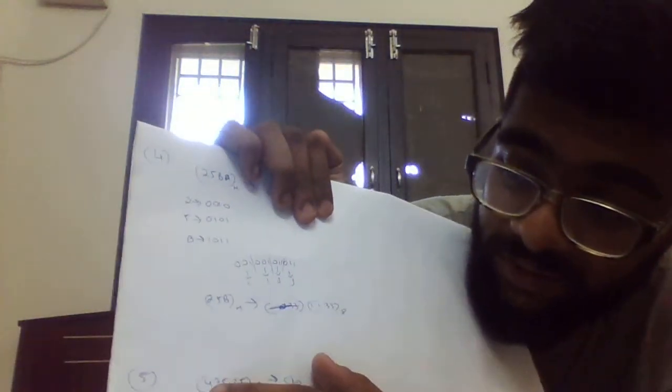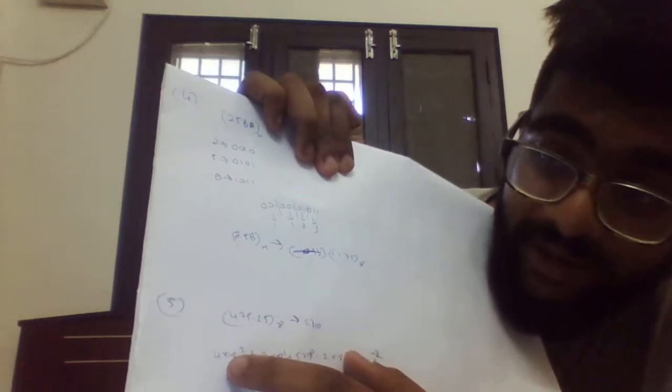The next question is 475.25 in octal form to be converted into decimal form. So here what we're going to do is each digit, like 475, will be 4 into the base number, that's the octal, so it's 8, and 8 will be raised to the power from here.